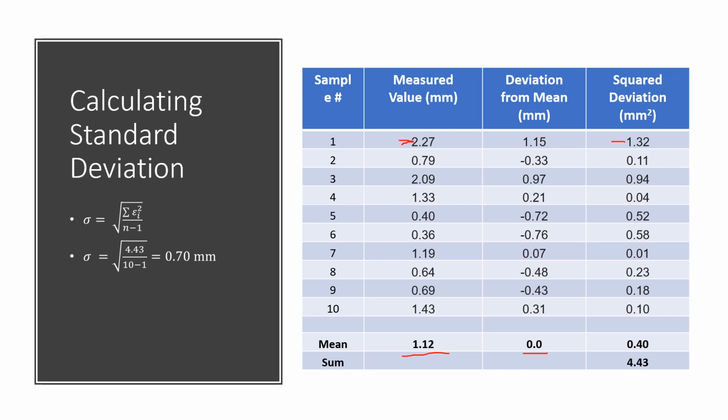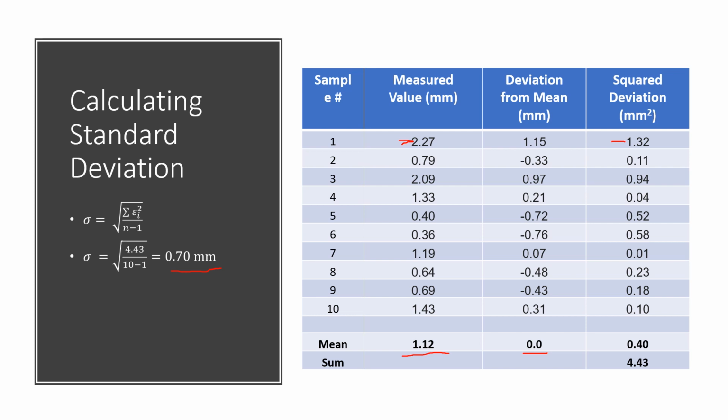So I'm going to take the sum of the squared deviations, that's 4.43, and put that into my equation here. So we end up with 4.43. Then we have 10 samples, so I'm going to divide that by 10 minus 1, take the square root, and end up with 0.70 millimeters. So that's my standard deviation of these 10 measured values.